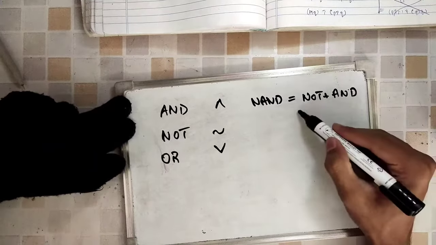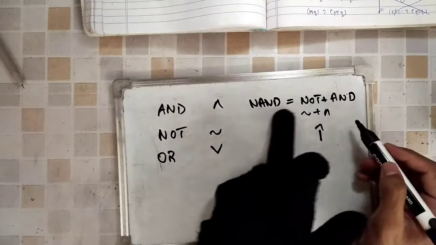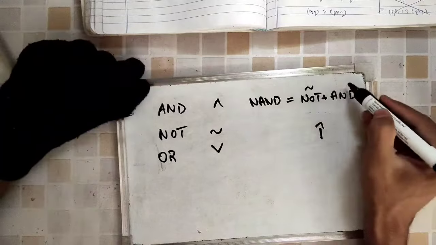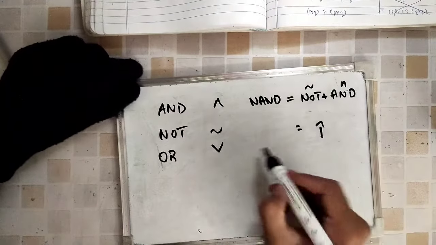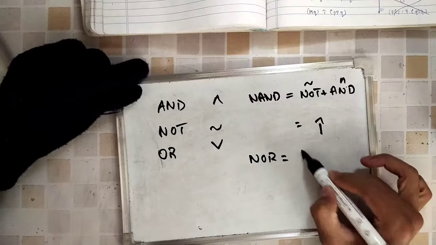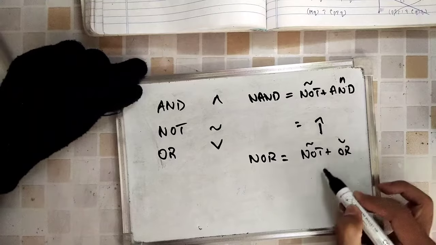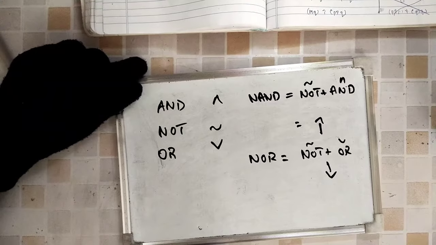It is nothing but negation plus and. We can write it as up arrow mark. Same way NOR, not plus or, this can be written as down arrow mark.